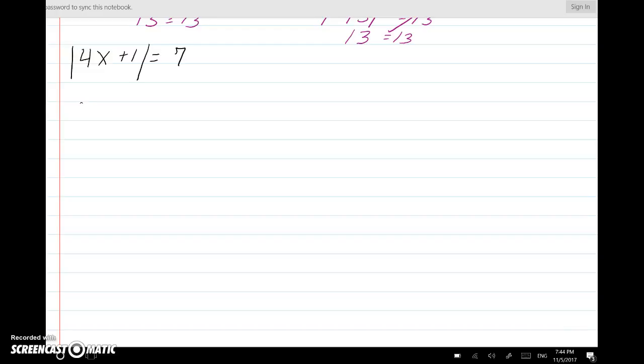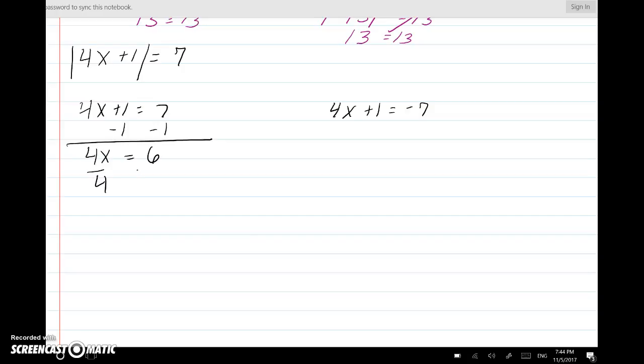Okay, remember we're going to split this up. 4x plus 1 equals 7 and 4x plus 1 equals negative 7. Go ahead, subtract 1 from both sides. We have 4x equals 6.